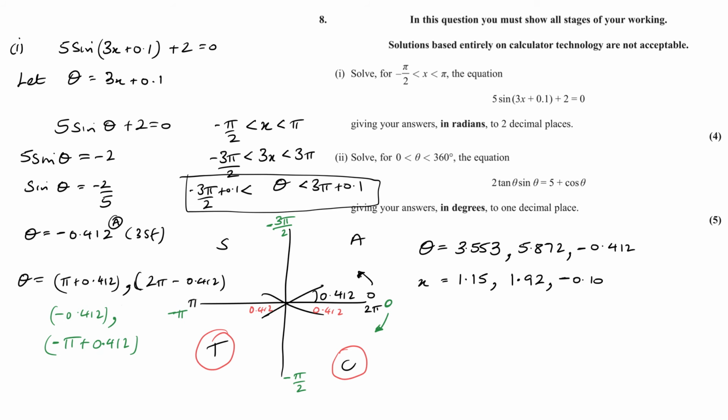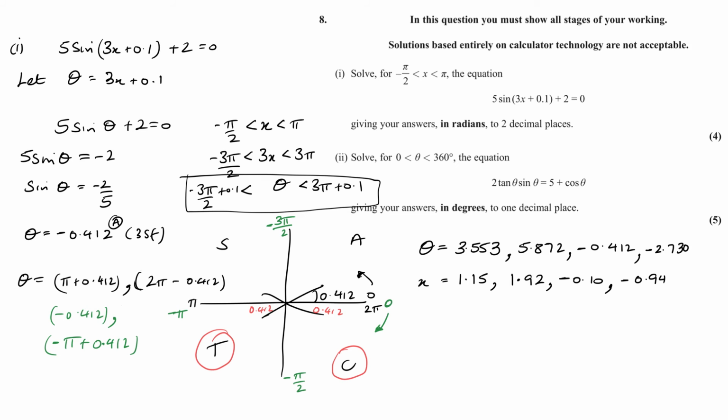And then the final answer is minus pi plus my A, so minus 2.730, and it's minus 0.1 divided by 3, and that's minus 0.94. Those are to 2 decimal places.